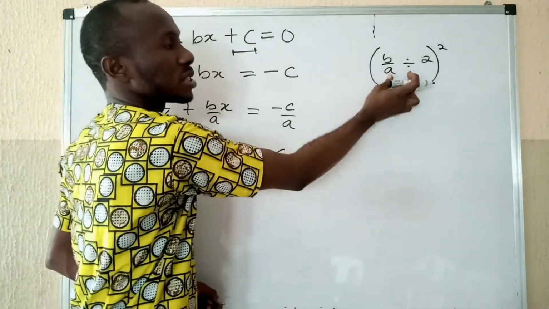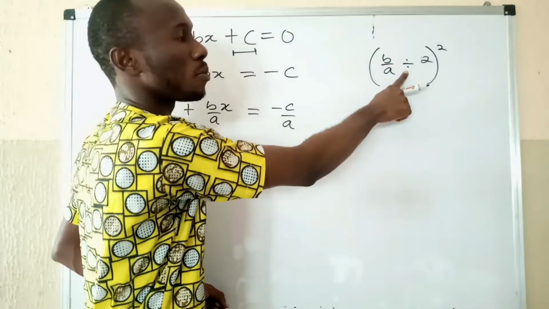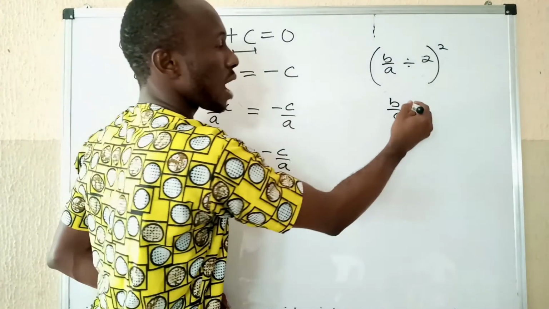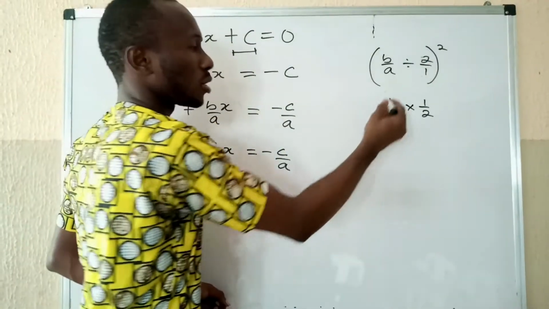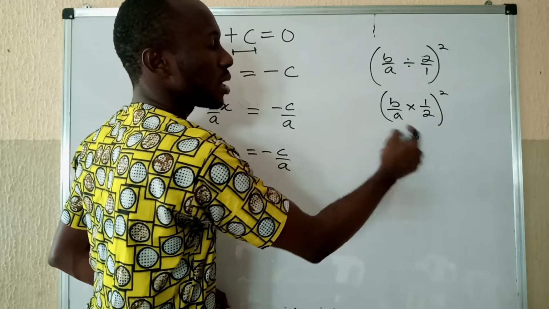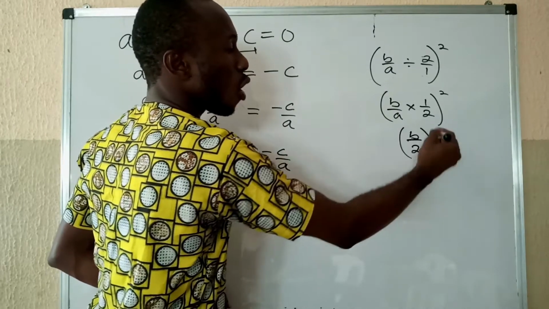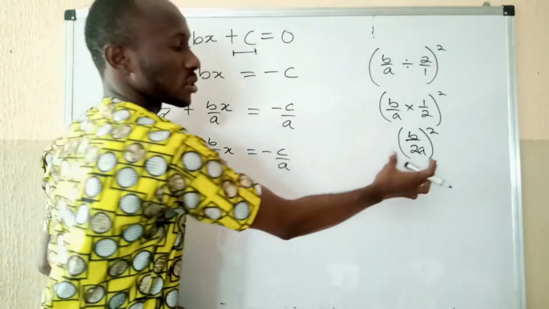To simplify, we have b over a, we change the division sign to multiplication and that inverts the 2. So we have 1 over 2, because this is like 2 over 1, and of course we put our square. b times 1 is b and a times 2 gives me 2a. Then we have all squared. This is what step 3 helps us get.